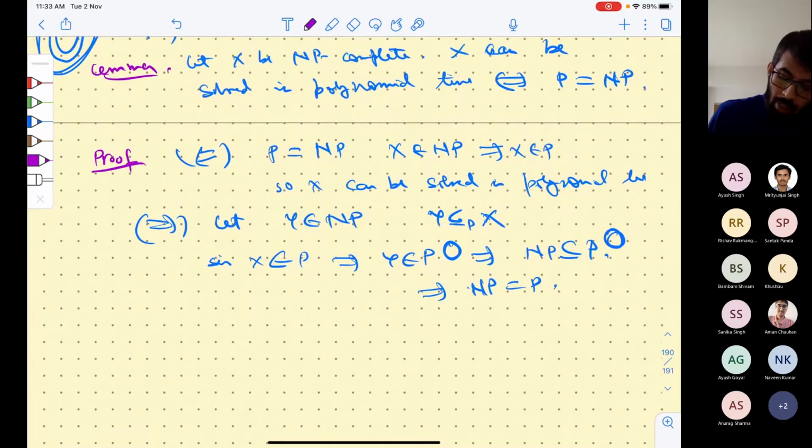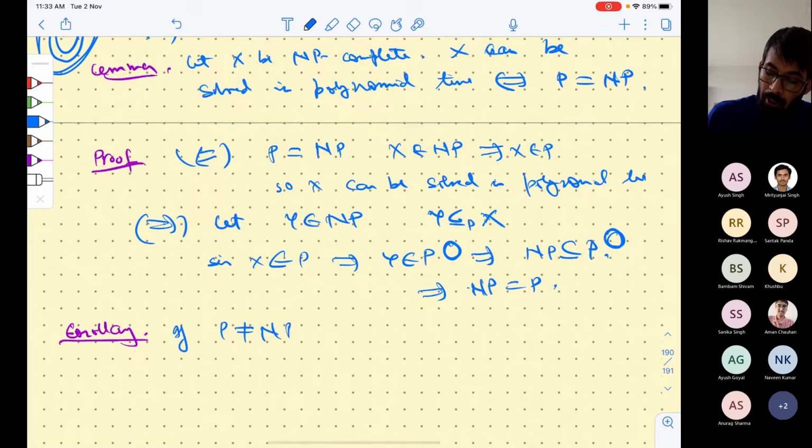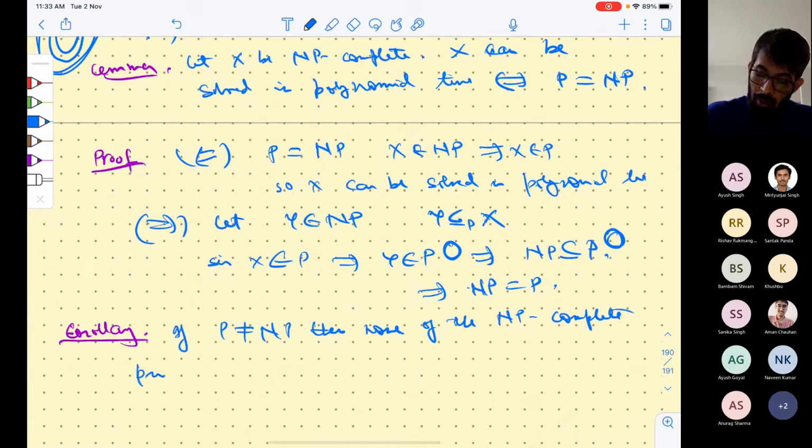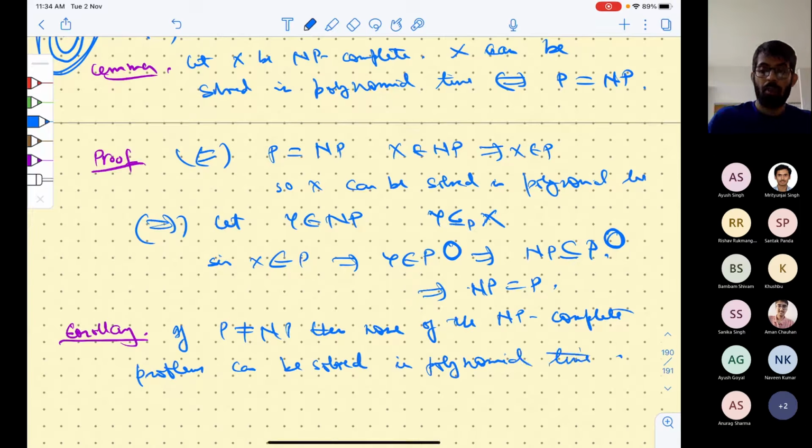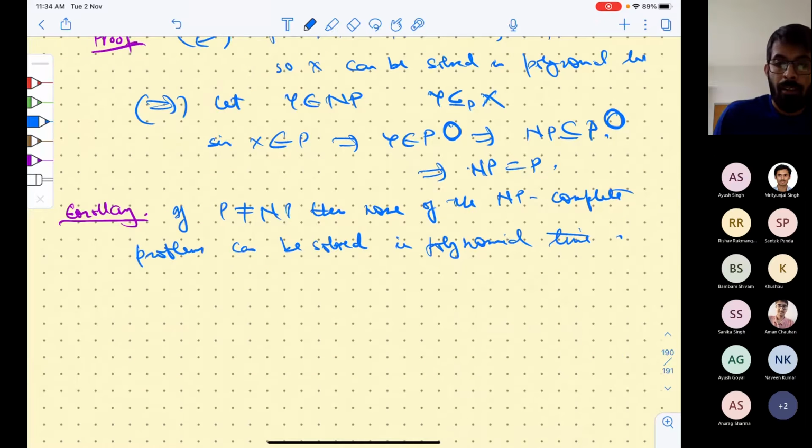So what is one consequence of this lemma? Let's write it as a corollary: if P is not equal to NP, then none of the NP complete problems can be solved in polynomial time.